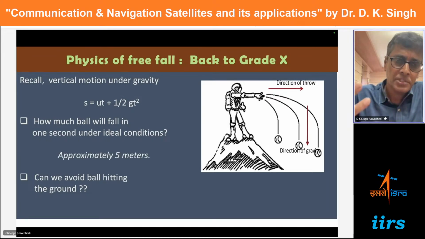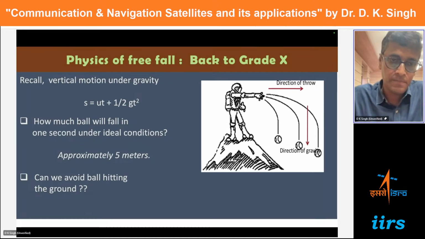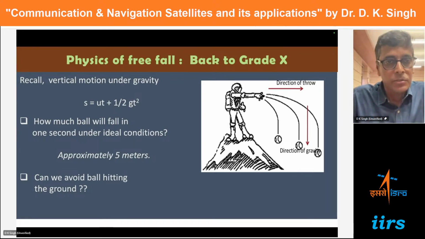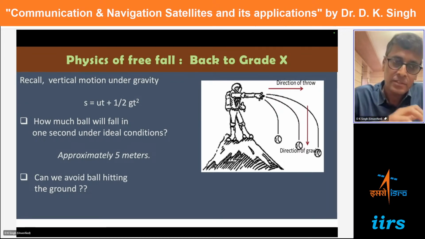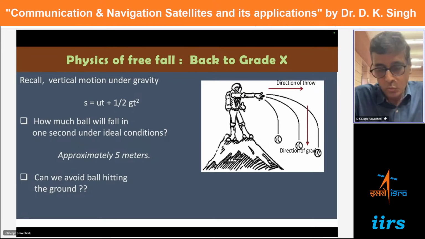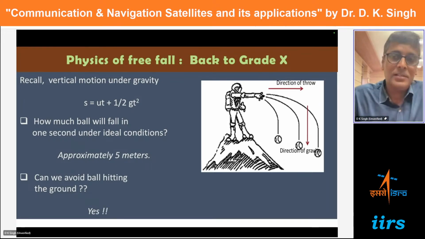The number comes around g by 2, that means approximately 5 meters. Now let us say I try to throw the ball in the horizontal direction, sitting on the peak of Everest. Can I avoid the ball hitting the ground? The answer is yes.